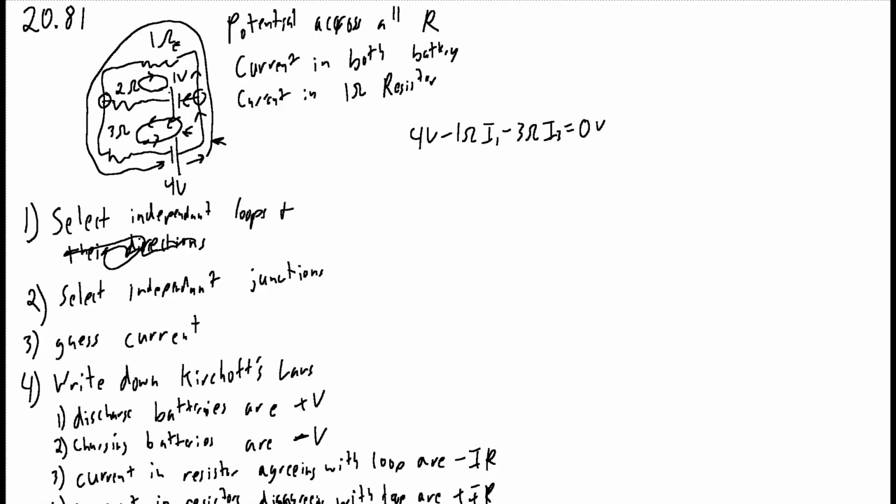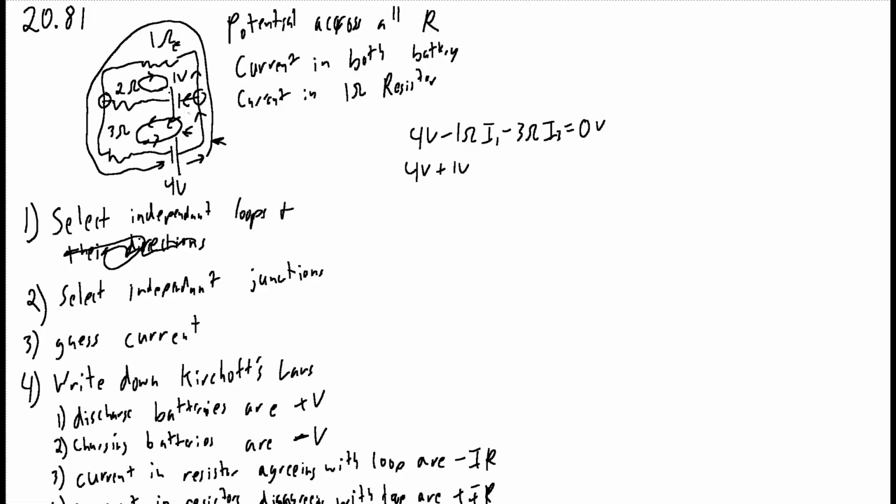Starting at, once again, the 4 volt battery and going around the lower loop, we have 4 volts minus, I believe that's going the right way. Yep, not minus, plus 1 volt.